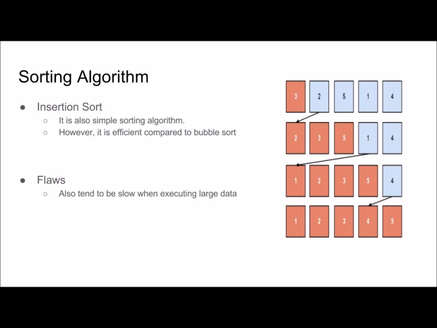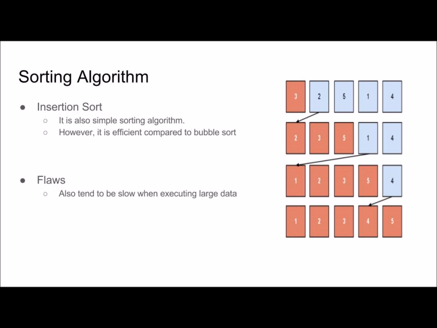It's fairly simple, but it takes less processing to complete than bubble sort. However, they both have the same flaw: when there is large data, the execution time will be slow.